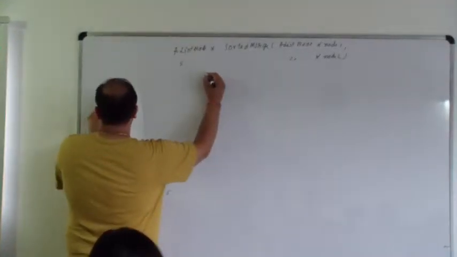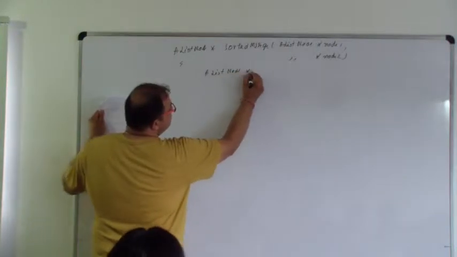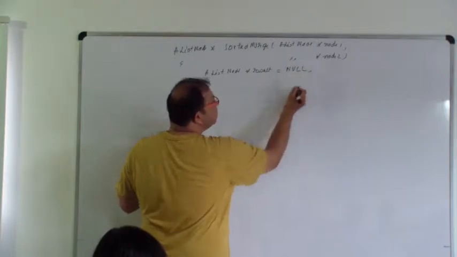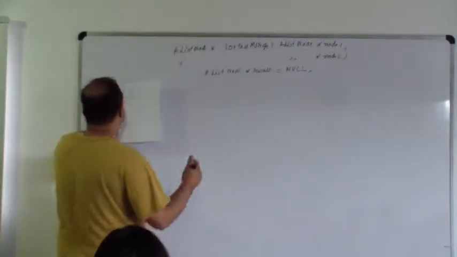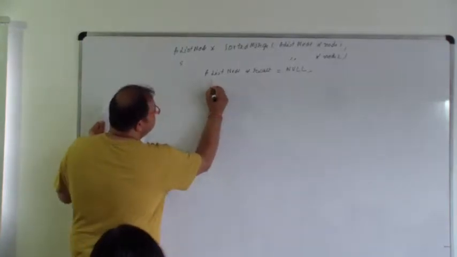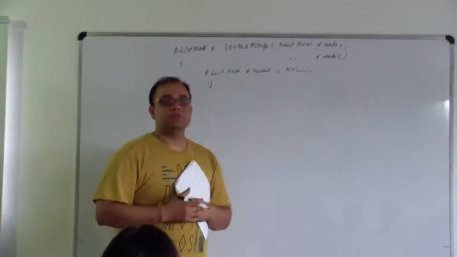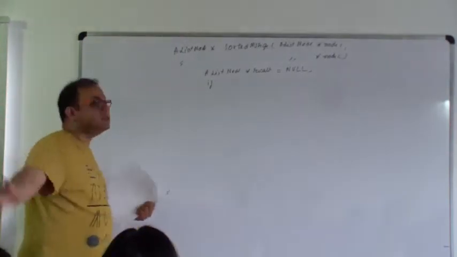We will say a ListNode star result is equal to null, in case everything is null, right? So in case both of them are null, we are returning null. Okay. To check the first condition, if node 1 is null, which means the first list is null, all we have to do is return the second one.